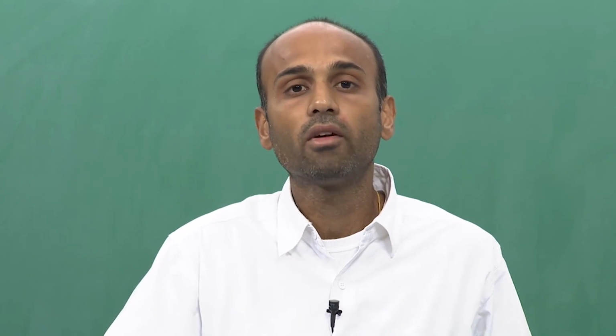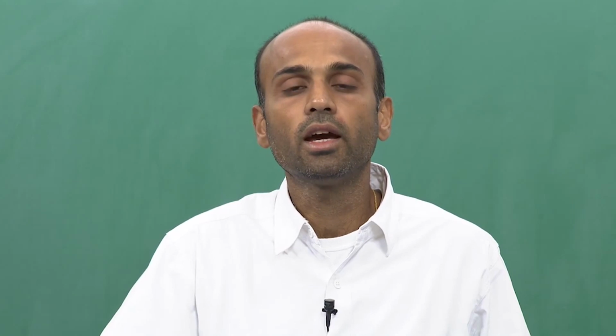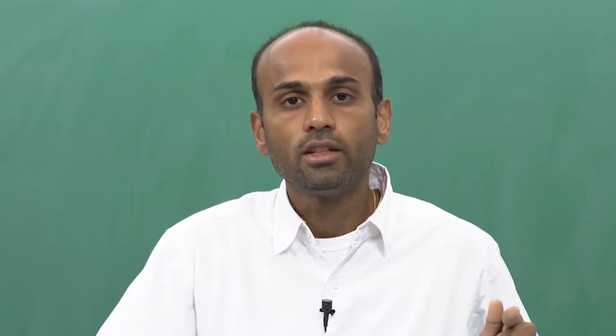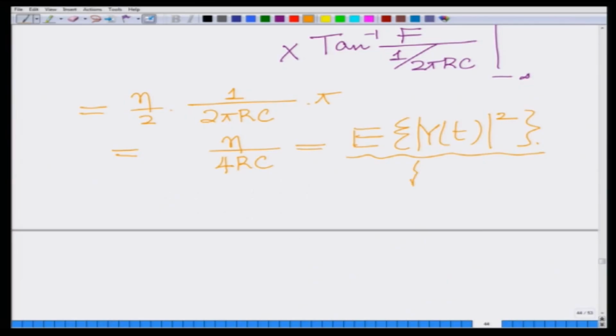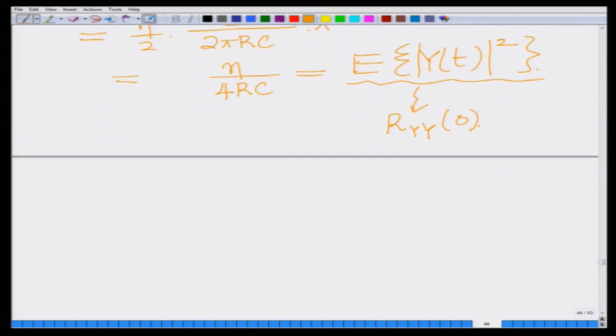This is also Ryy at tau equal to 0. This is the integral of the power spectral density of y over the entire frequency range. This is also Ryy, that is the autocorrelation function of y evaluated at 0. So, we have found the power in the Gaussian random output process y.